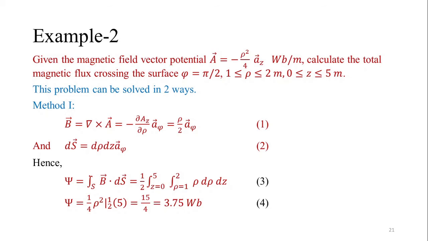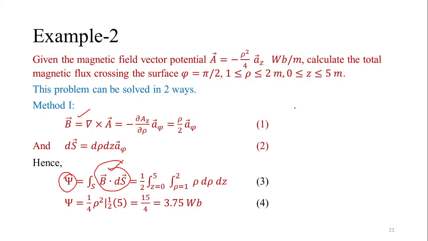This problem can be solved in two ways. The first way: we know that B vector is del cross A. A is given, so first we calculate B, then by integrating B over the surface we get ψ.